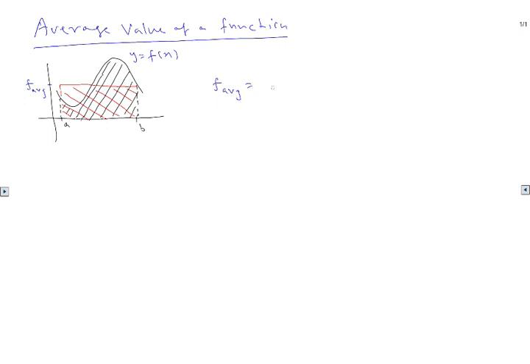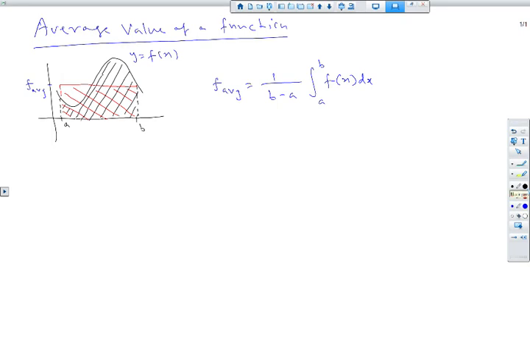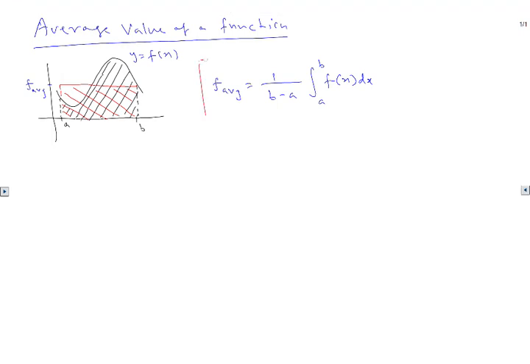So that means it is 1 over (b minus a) times the integral from a to b of f(x) dx. We assume that this is integrable. Okay, so that's the formula, a very simple formula. That's the first result: the average value, f avg.